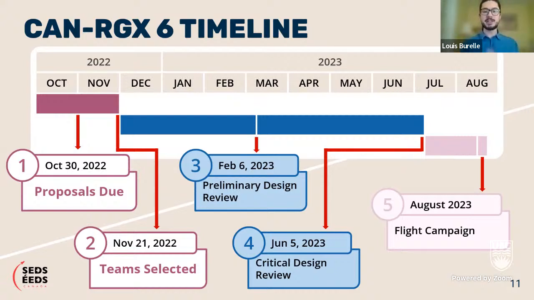And then ultimately by June, we'll have the critical design review, where this is really the finalized version of the Pelican case box that enters the aircraft, and really the final version of your experiment, where everything is either ready to go or just about set for a flight campaign that will take place in August. The date is still a little ways out before we confirm that, but it will be in August, flying out of the NRC facilities in Ottawa.